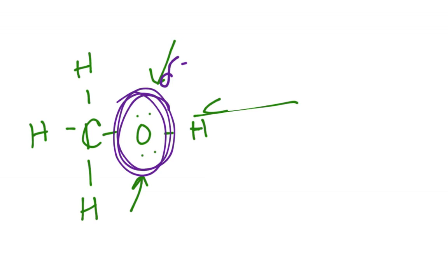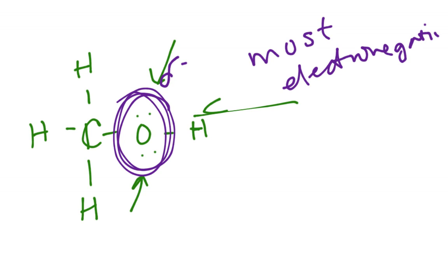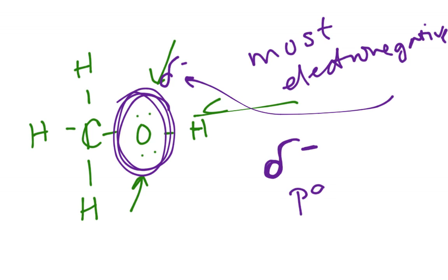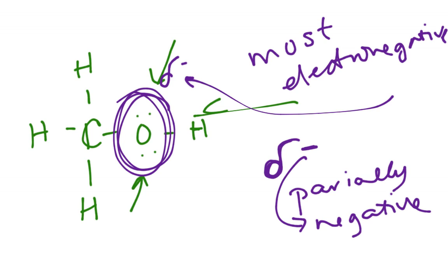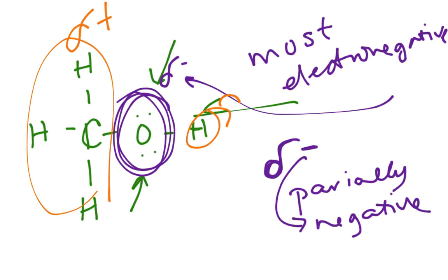Whatever atom is the most electronegative, give it a partial negative, and that's what this little sign is. That D with a tail on the top is a delta, and it means partially. Here we would say that it is partially negative. Everything else that isn't partially negative, we would say is partially positive.